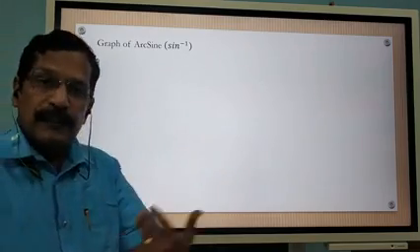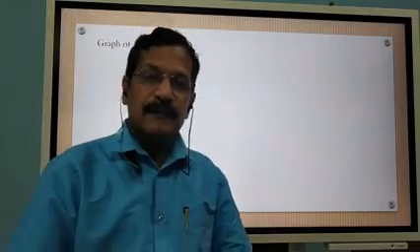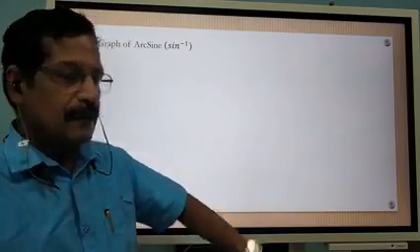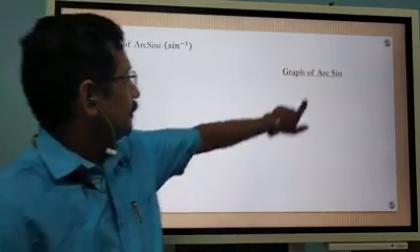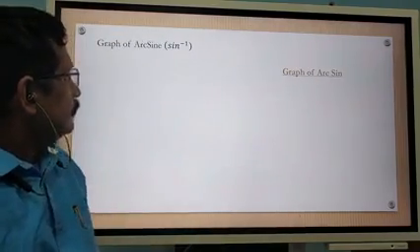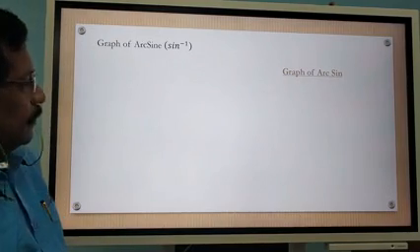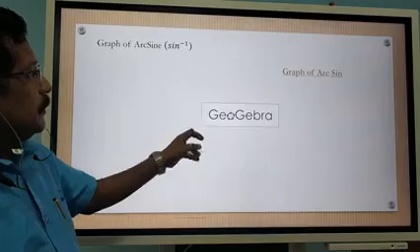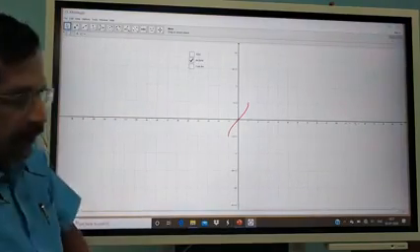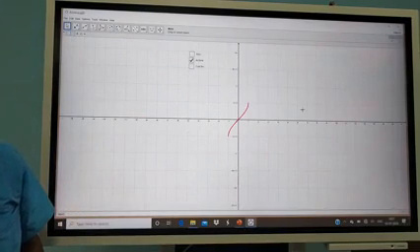Now, what about the graph of sine inverse, the graph of arc sine? Let us see the graph of sine inverse in GeoGebra. See, this is the graph of sine inverse. Let me zoom it.